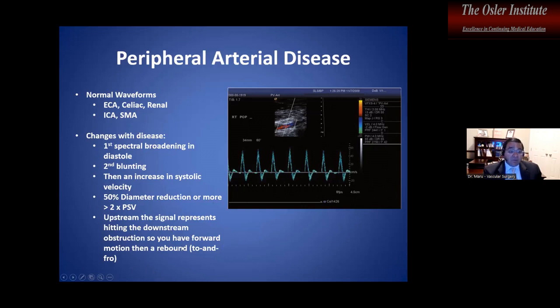So those are things that you want to look for as you look at waveforms. You see some broadening, some blunting, which leads you to conclude that something is looking a little bit different and you need to be a little bit more suspicious, right?